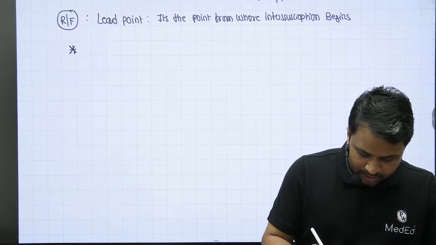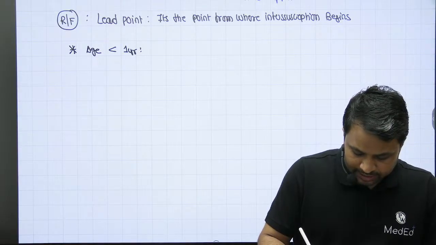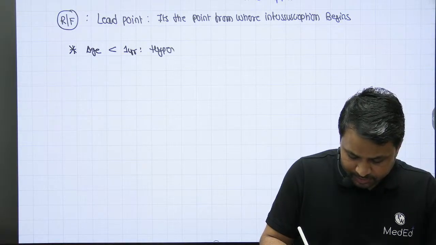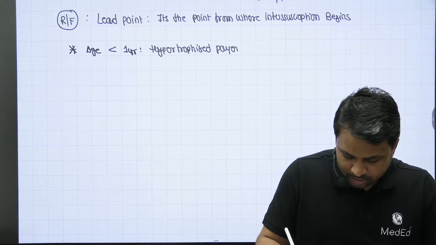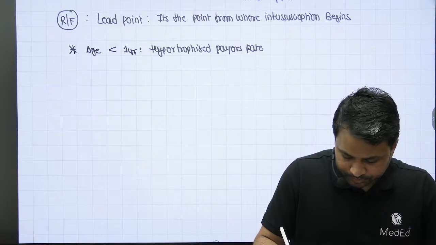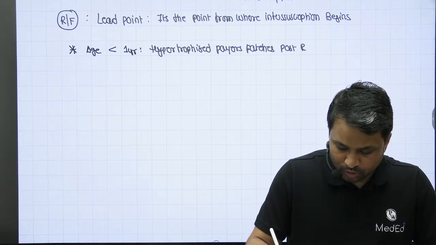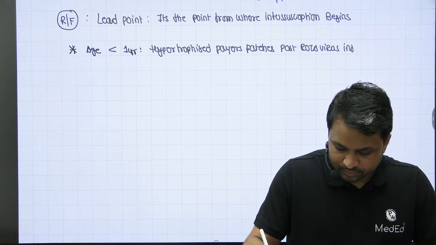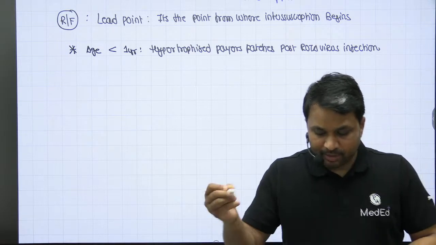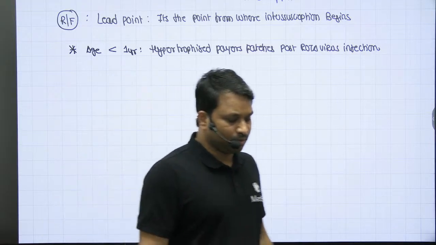Remember, in an age less than 1 year, it is usually hypertrophied Peyer's patches. It is the hypertrophied Peyer's patches post rotavirus infection that is the most important lead point.